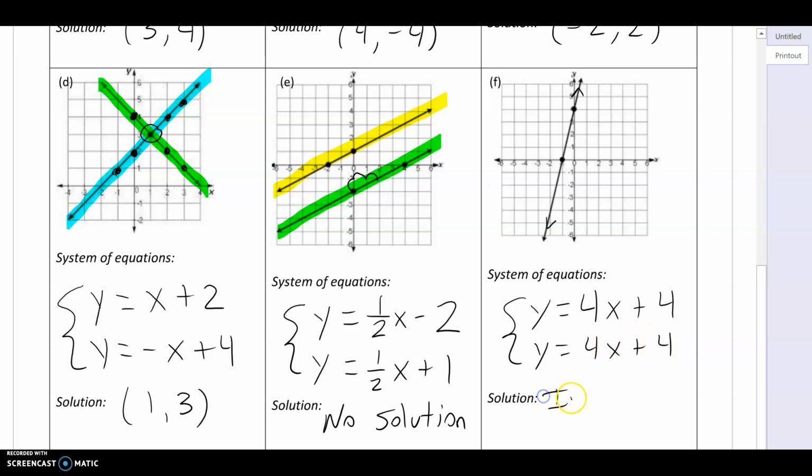And the solution here is infinite. So remember, when you have the same line, every point on that line exists in both equations, so you have infinite solutions. So you're going to work on writing the equations of lines given the graph. So remember, you want to find the slope and the y-intercept and put that into slope-intercept form.